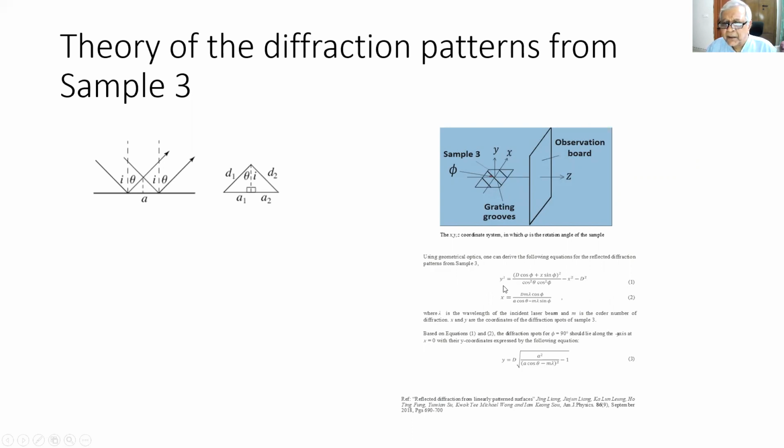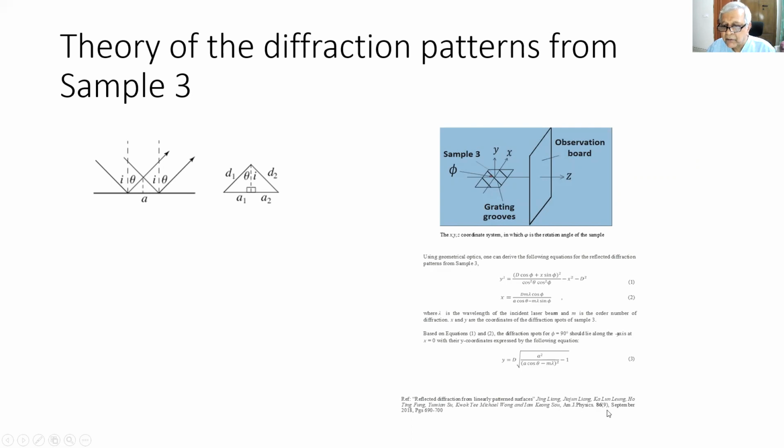One can actually get into these conditions out here. This is a relation between y squared and this out here. For detailed derivation, one can refer to this paper, which I have quoted here: Reflected Diffraction from Linearly Patterned Surfaces. There are 5 or 6 authors there.